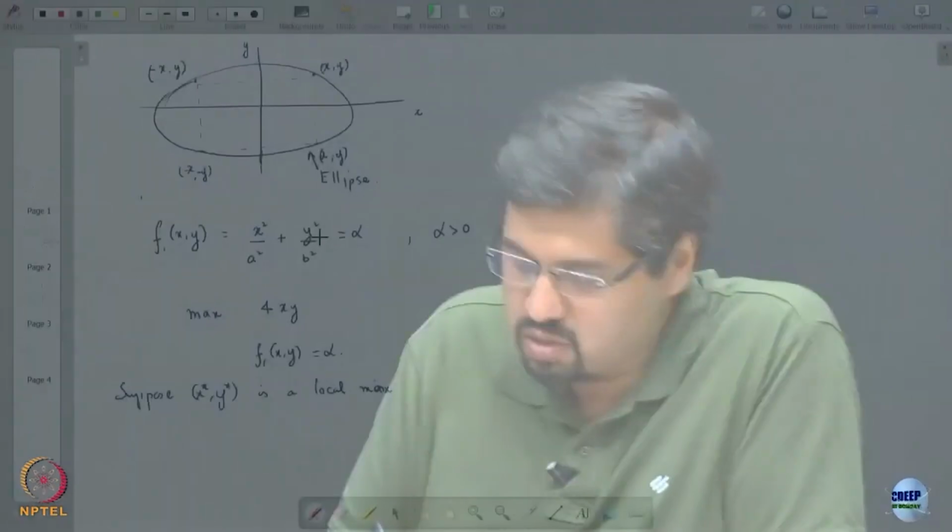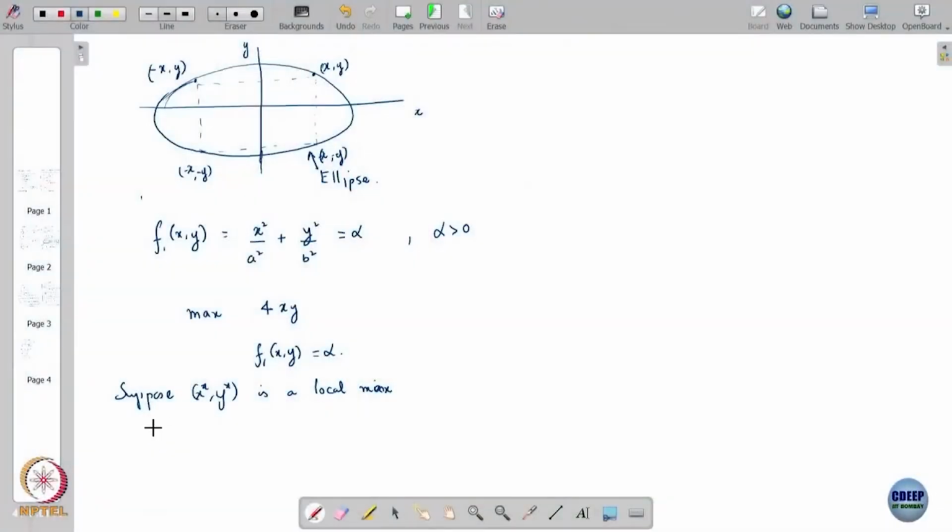So, let's take, for simplicity, clearly either x star is not 0 or y star is not 0. So, let us suppose y star is non-zero.